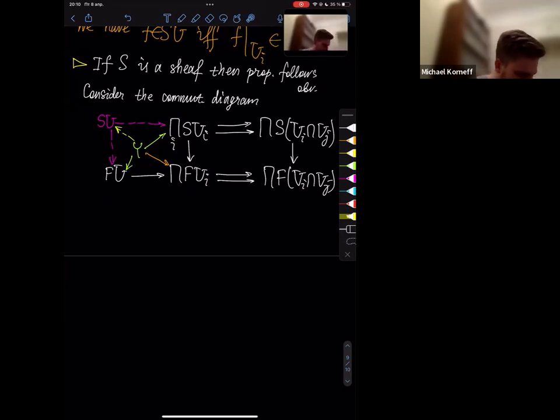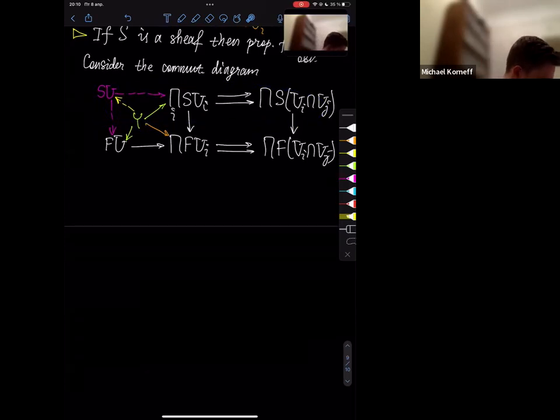And thus, for every map such that this diagram commutes, we find a unique map such that this diagram commutes. Okay, and thus it is an equalizer.